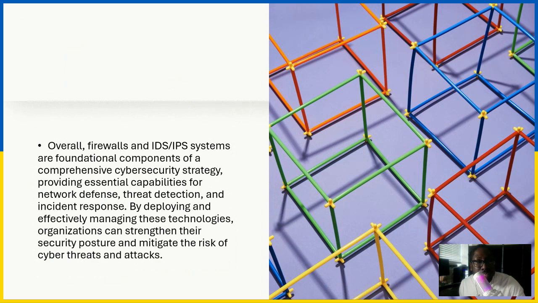Anomaly-based detection takes a more proactive approach by identifying abnormal behavior. This is what I mean when I say if it's a zero-day, they analyze the behavior, and it often makes an accurate guess on what that code, what that threat, what that bad actor is trying to do, right?